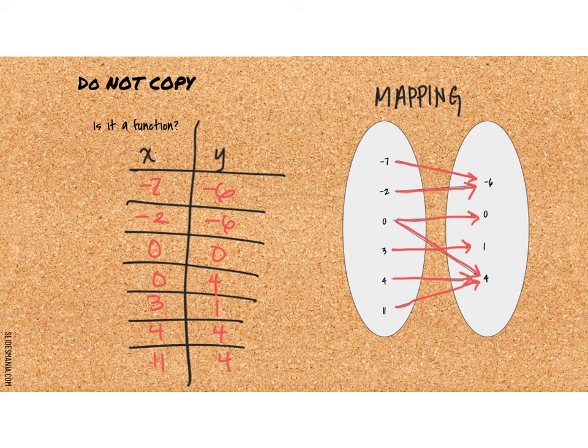If you guys notice, we have 0 and 0 here, and we have 0 and 4. This input, or this x value, has two different outputs. So no, this is not a function, because for this one input has two different outputs.